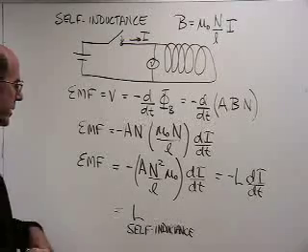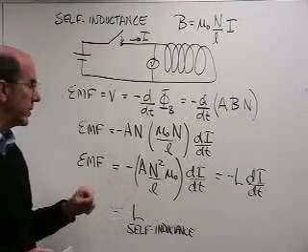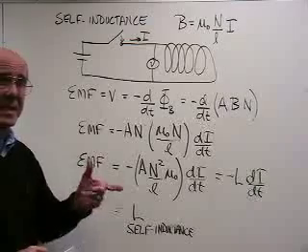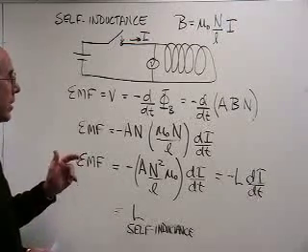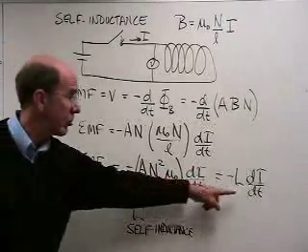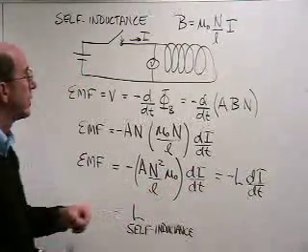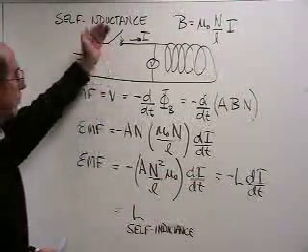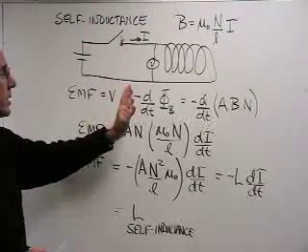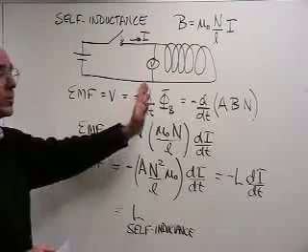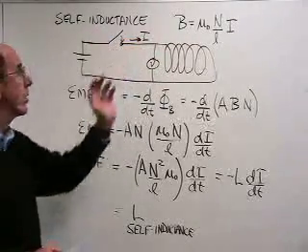All right, what does the minus sign tell you? The minus sign is Lenz's law. That tells you that the EMF is going to oppose the change in the current. In this case, if we close the switch and the current is starting to increase, there's going to be an EMF induced that's going to oppose that current.